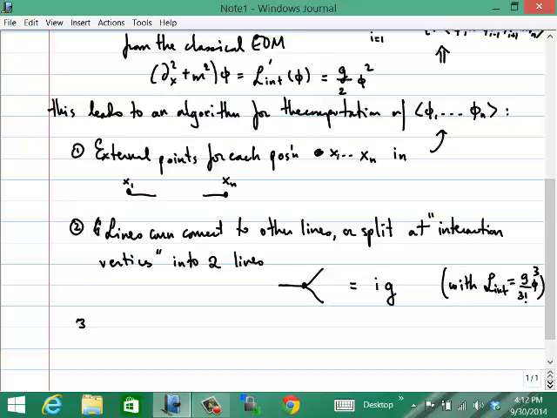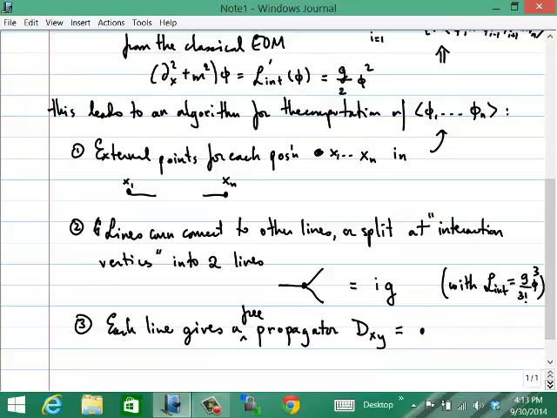And then associated to each line, we have a propagator. And I should emphasize here we have a free propagator that we call d xy, which is the propagator between two positions x and y.